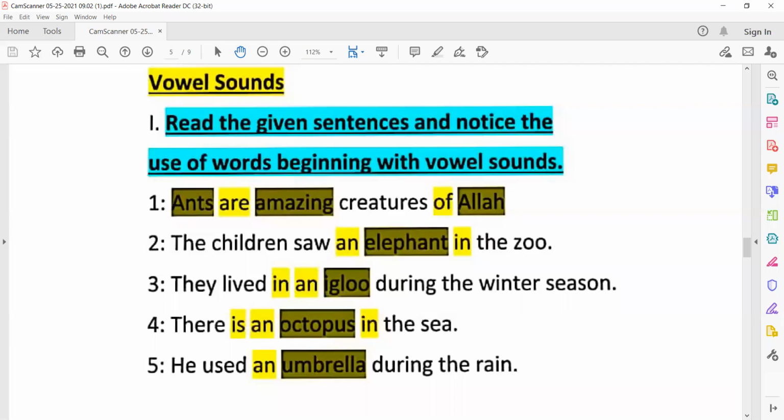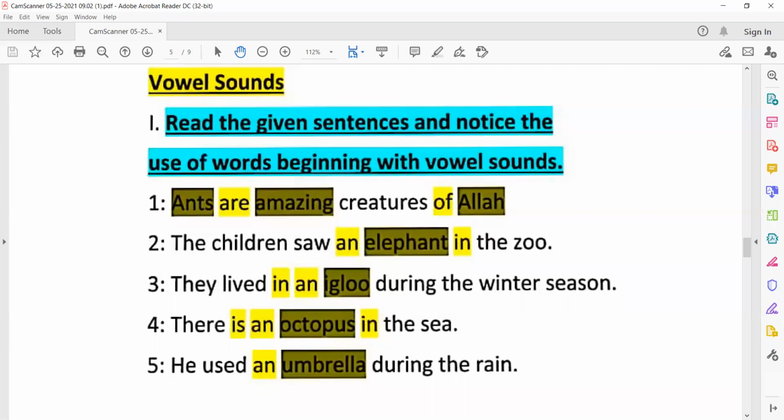Why? Used, yo. It gives us the sound of Y. So that's why it is not a vowel sound.